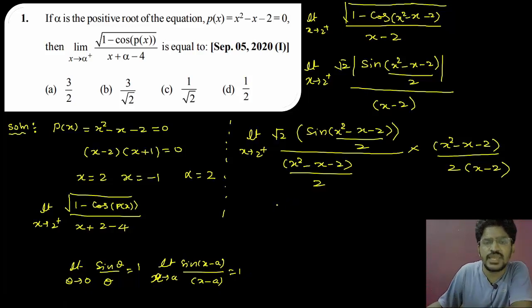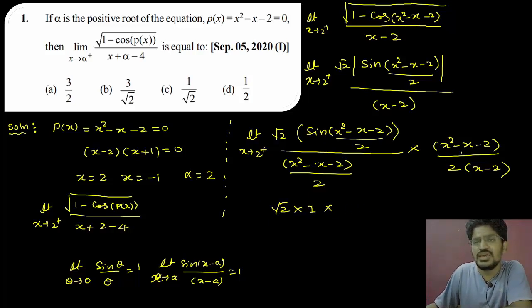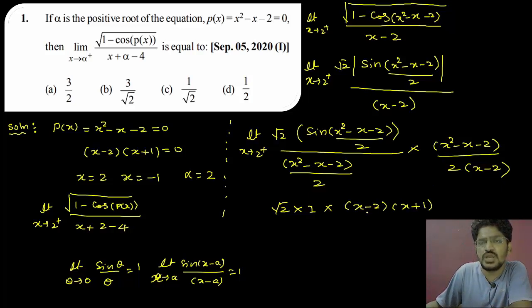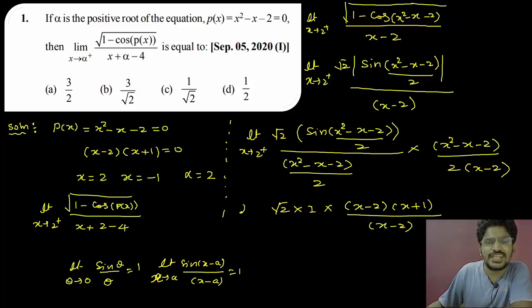Therefore now this term is going to be root 2 multiplied with 1 multiplied with x square minus x minus 2, which is nothing but x minus 2 into x plus 1 divided by x minus 2, with the limit x tending to 2 plus.